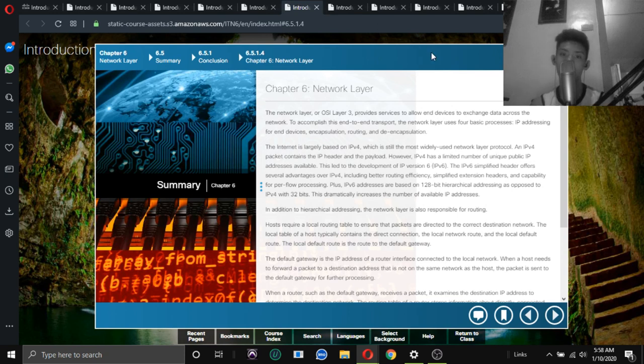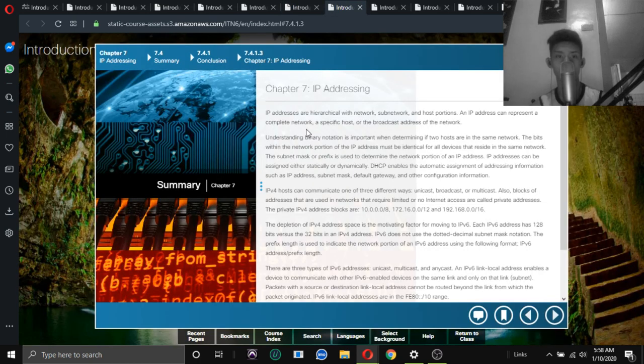And the network layer. The internet is largely based on IPv4, which is still the most widely used network layer protocol. Then the IP addressing.